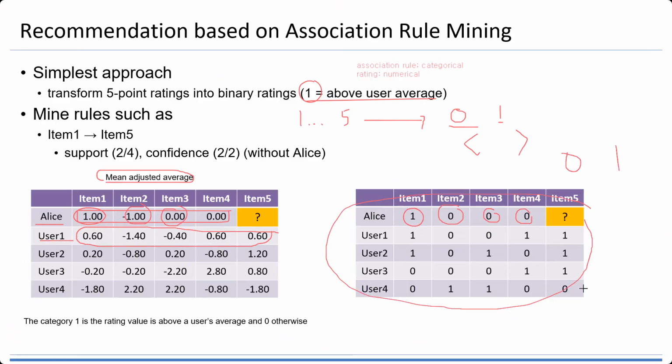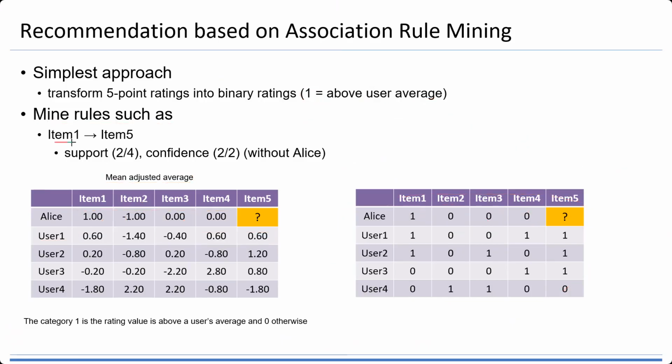After we have this 0 and 1, then we can calculate, for example, item 1: is there any association between item 1 and item 5? So let's say I do not consider Alice.